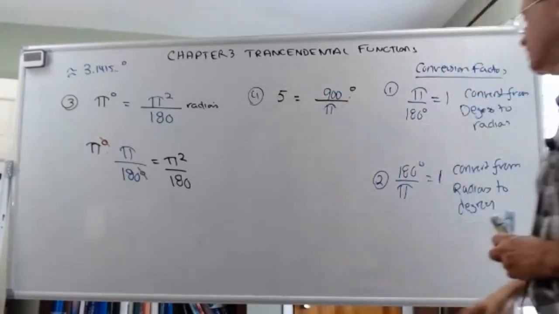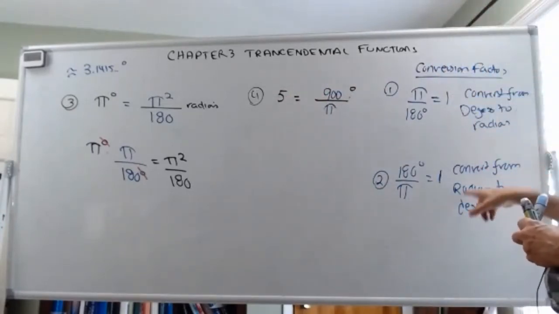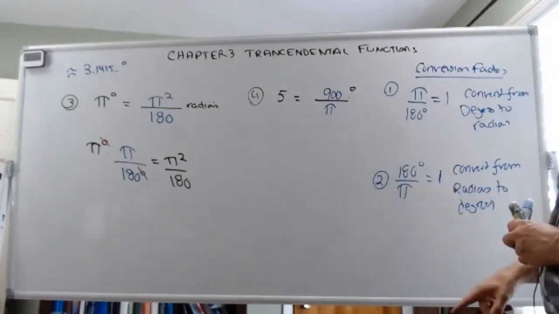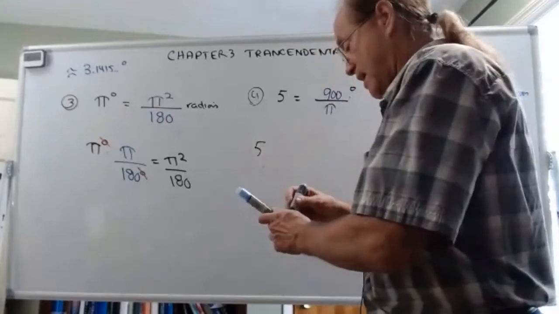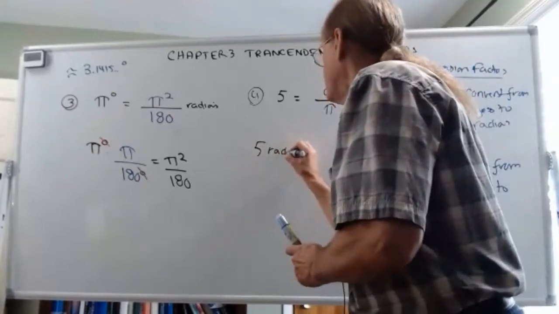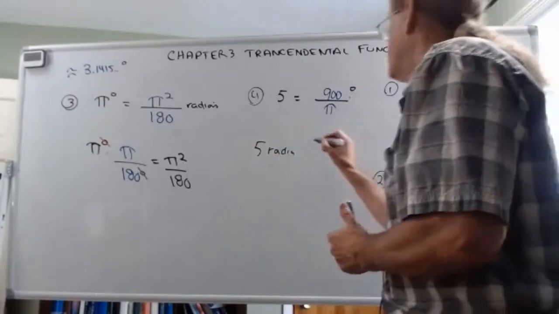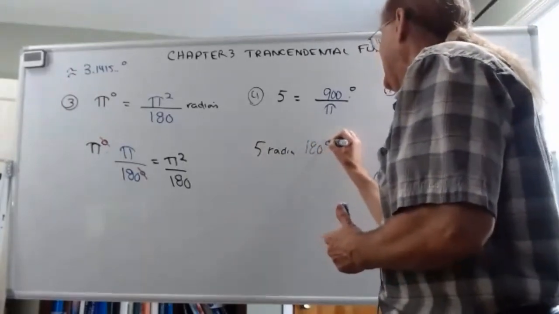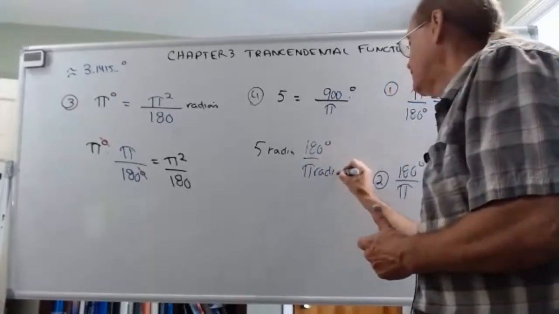So I'm going to convert from my radians over here to degrees. I start with my 5, and I could write radians just to emphasize. I'm going to use my conversion, 180 degrees for every pi radians.